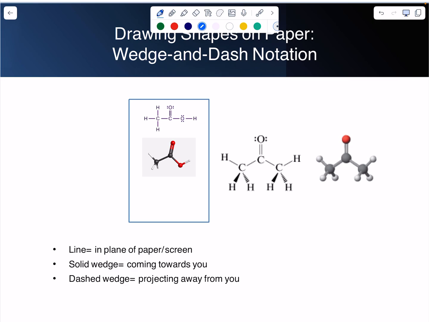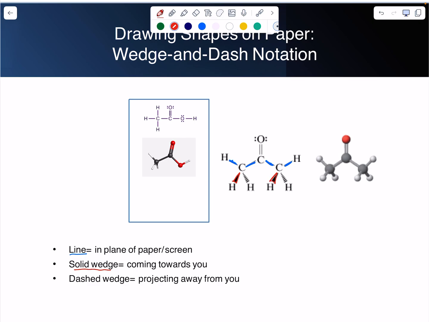So what you see, again, is if there's a line, so any of these lines in blue, you could imagine that all these atoms and bonds are just lying in the plane of the screen, okay? But if we have a solid wedge, it's coming out towards us. So these guys are coming out towards us.